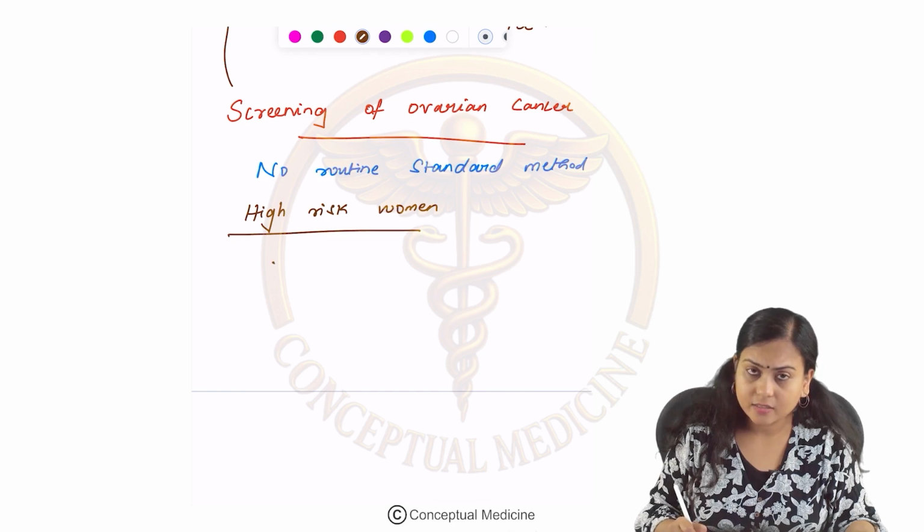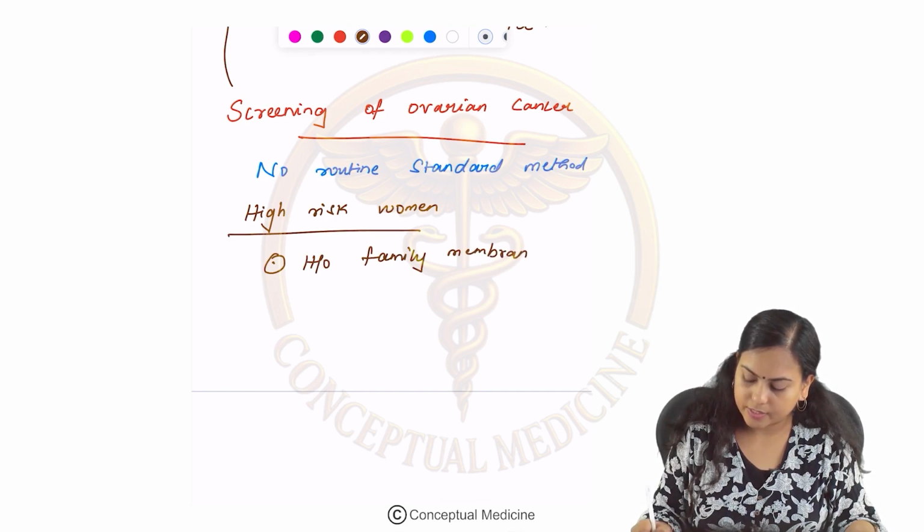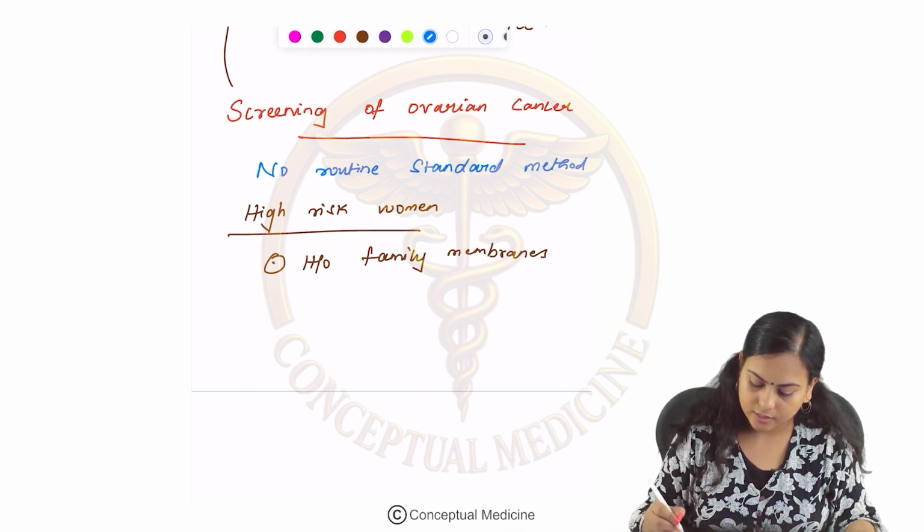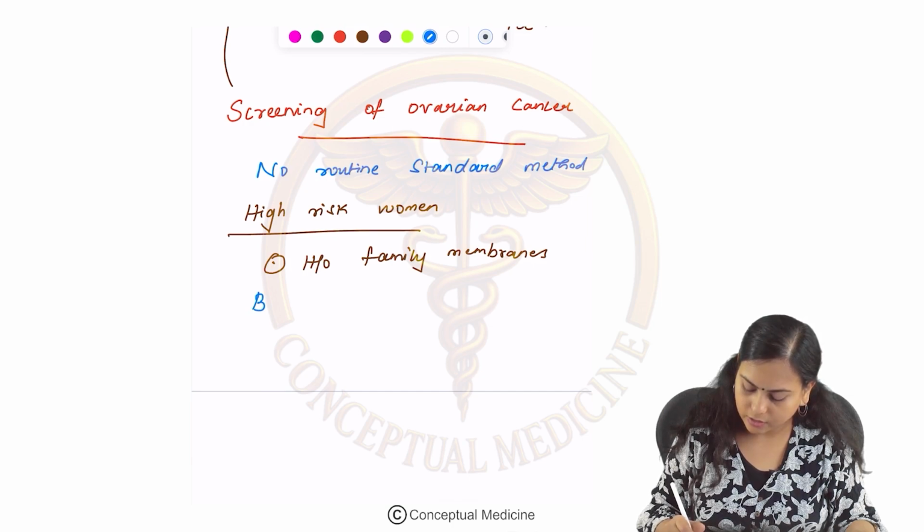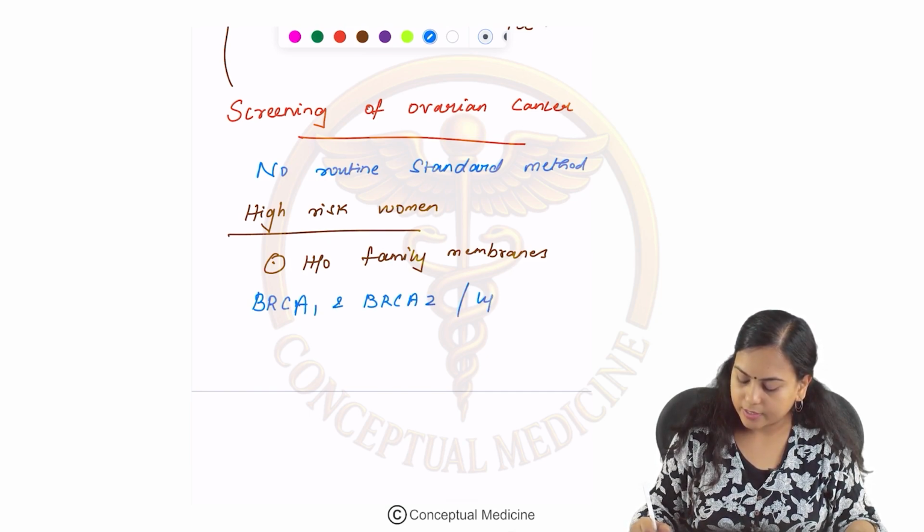So you can obtain history of family members if there was any ovarian cancer or breast cancer or endometrial cancer, like that. Then one thing you can do is, if they are telling yes, then you can go for BRCA1 and BRCA2 or even your Lynch gene screening.